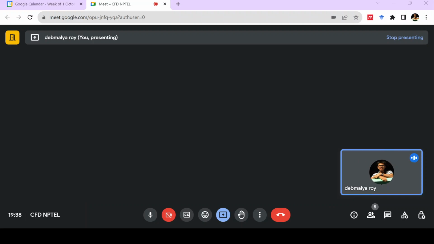Can you repeat what you got? I got the value for C1 as 214.39. For C2, I have not found out, I just found out C1. Okay.